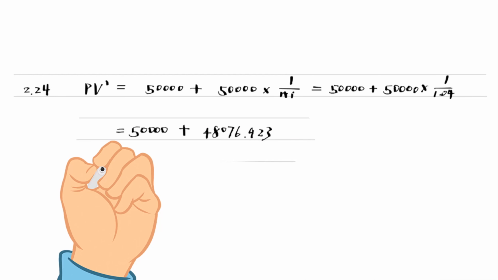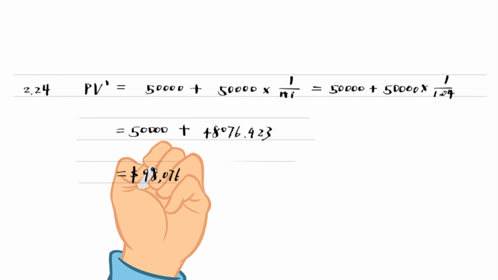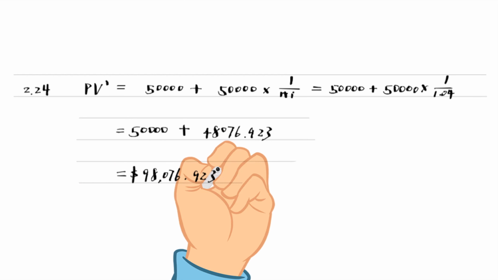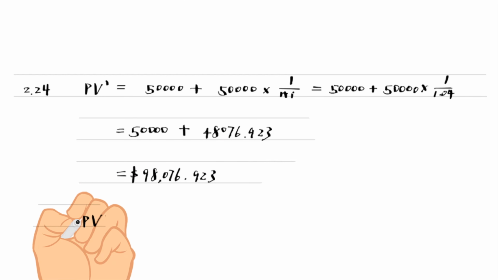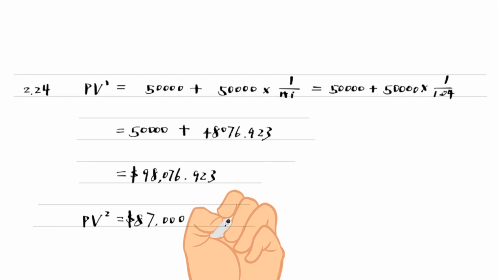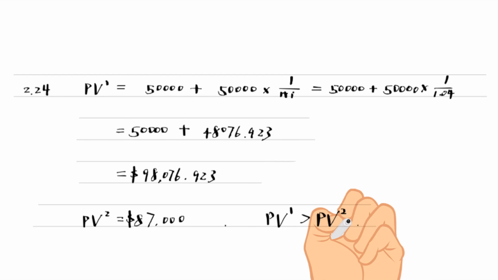The first one's present value is $98,076.923, while the second one's present value is $87,000. The former has a higher present value.